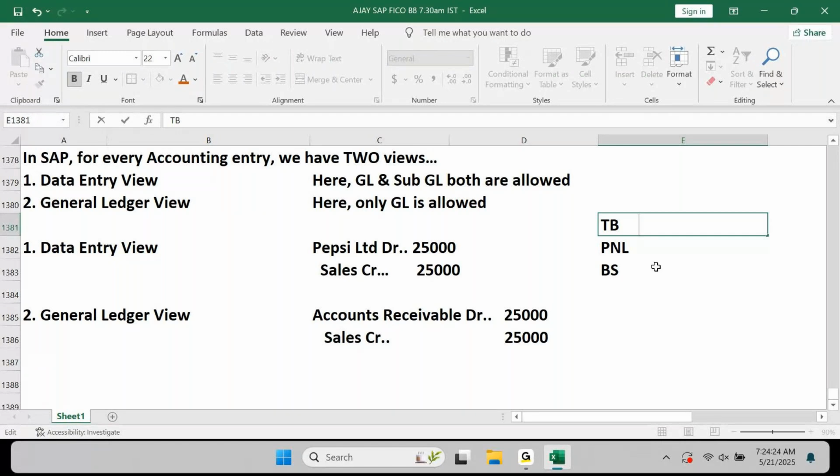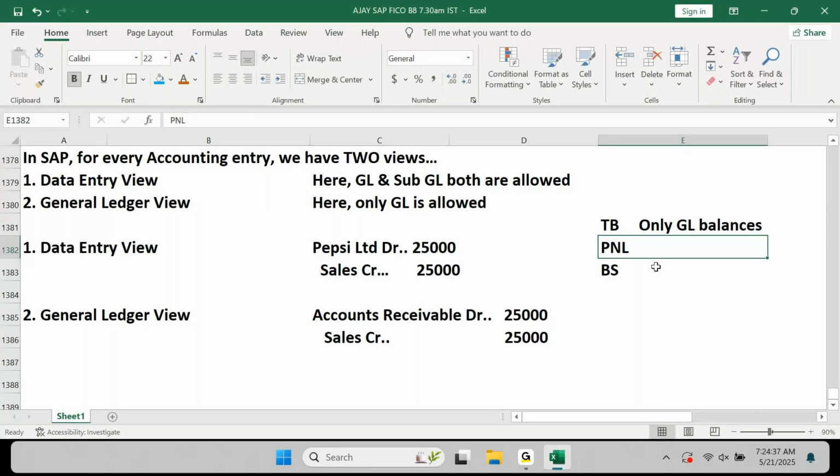Can I show Pepsi Limited in my trial balance? No, sir. Only GL balances here. Agree? Now, if I take my trial balance only from GL balance and post an entry into my customer, I may be missing the entry. Possible?